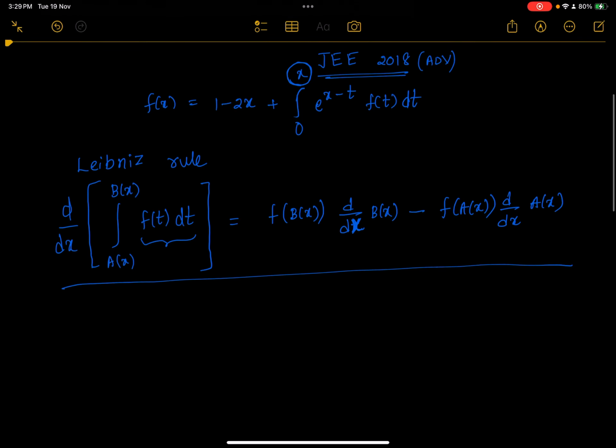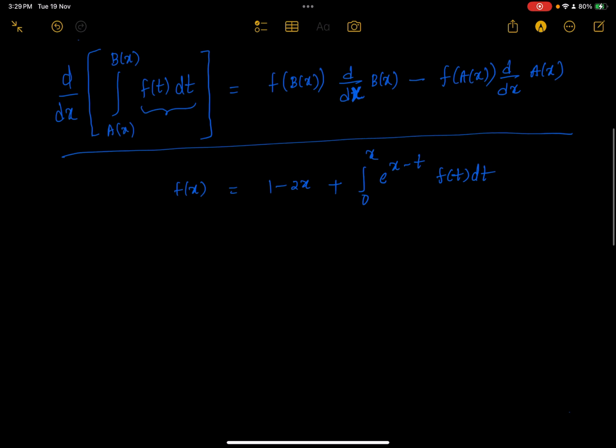Now let us go back to the equation. f of x is equal to 1 minus 2x plus integral 0 to x e to the power x minus t f of t dt. Here e power x is a constant because the integration is done over the variable t.